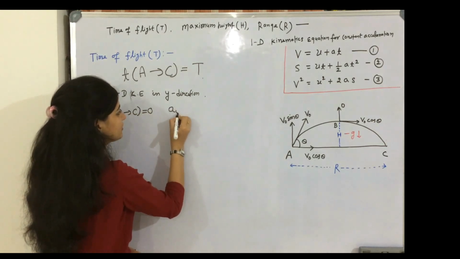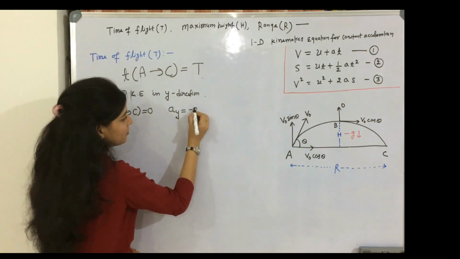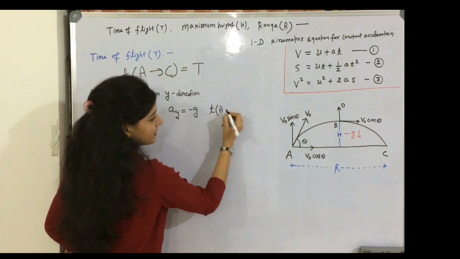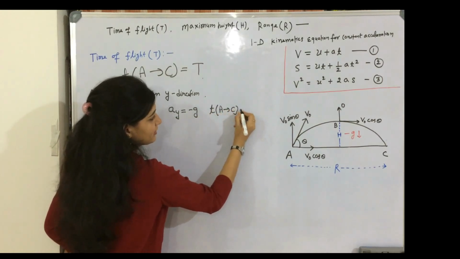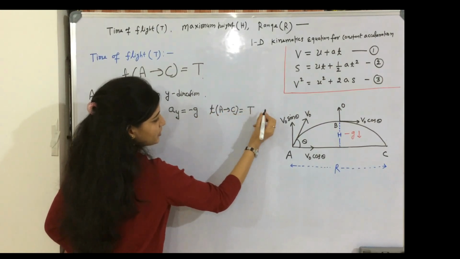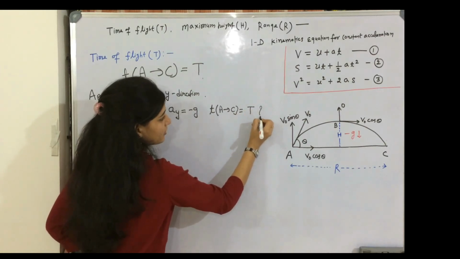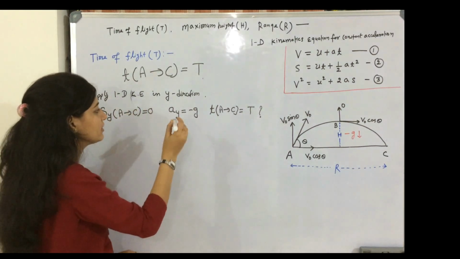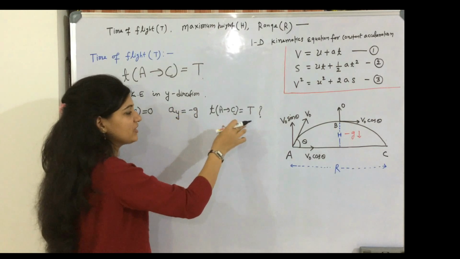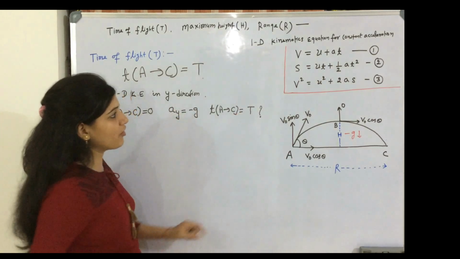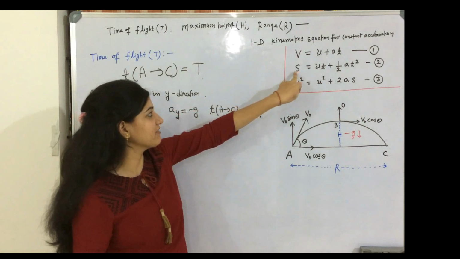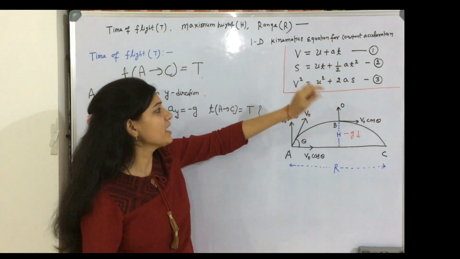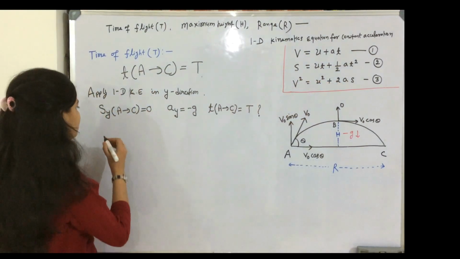The acceleration in the y direction is equal to minus g, and the time taken from initial point A to final point C is the time of flight, which we need to find out. So we have displacement S, acceleration, and we need to find time of flight. Which formula should we use? This formula has S, T and A, so we should go with the second equation, applying it in the y direction.